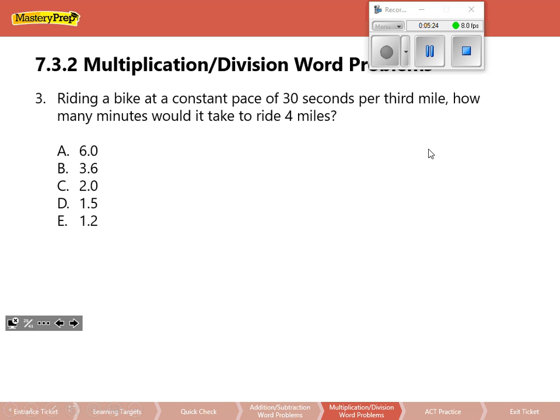Riding a bike at a constant pace for 30 seconds per third mile, how many minutes would it take to ride 4 miles? So at a constant pace of 30 seconds per third mile, how many minutes would it take to ride 4?